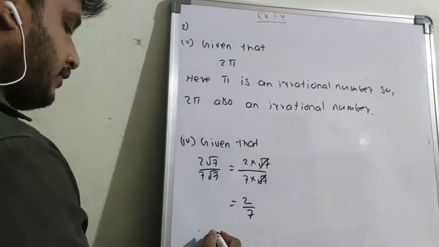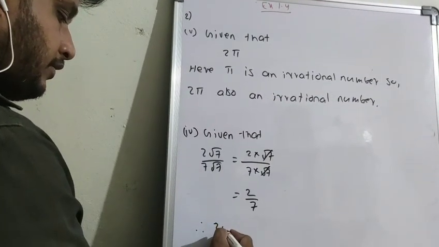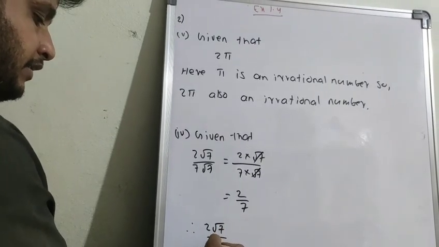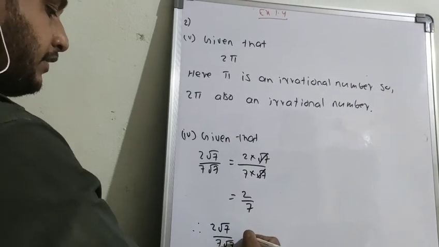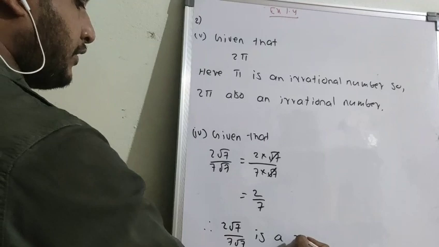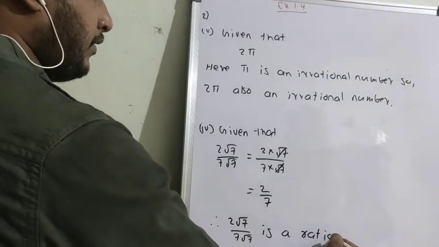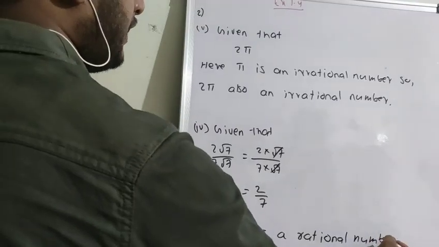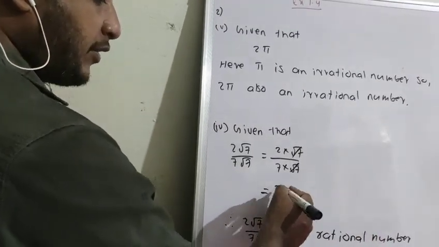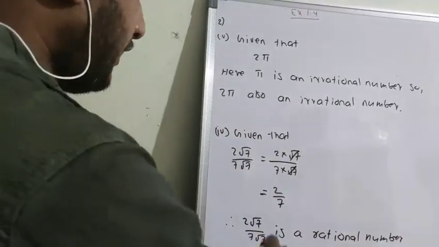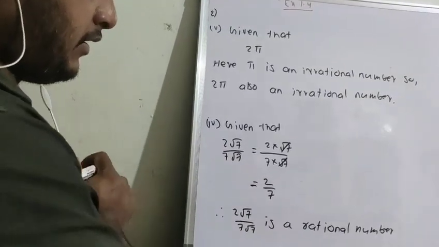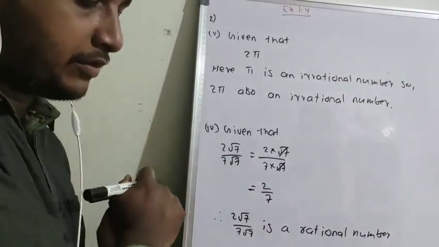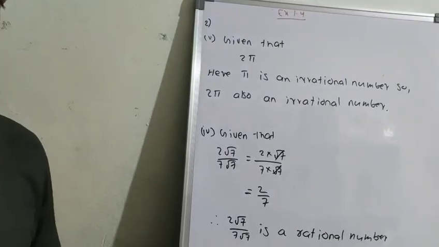Therefore, 2 root 7 by 7 root 7 is a rational number. How can I say? Because it is in p by q form, and p, q are integers. So therefore it is a rational number. This is the way you have to solve whether it is a rational or irrational number.